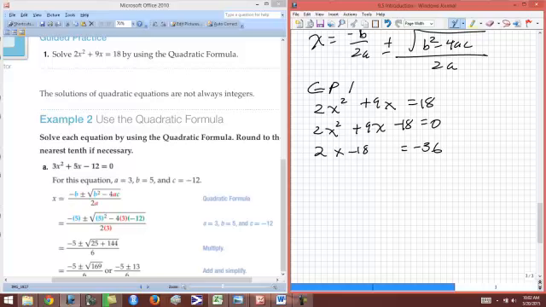We know that the factors are going to be positive and negative, because the product of the two numbers is negative. And the middle b is positive, so we know the bigger factor has to be positive.